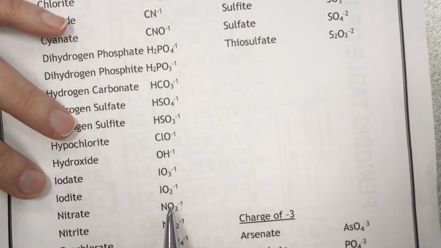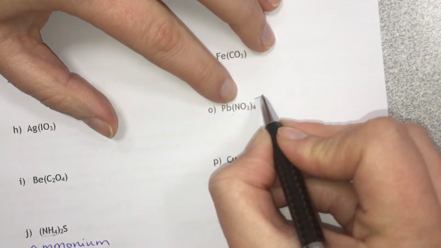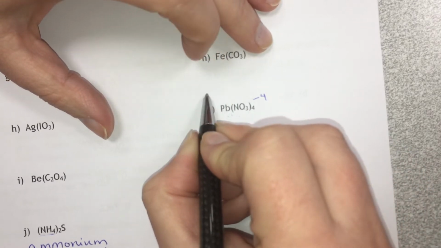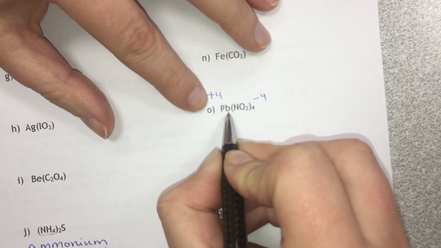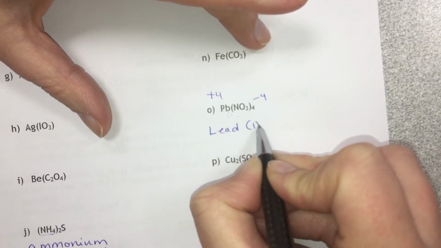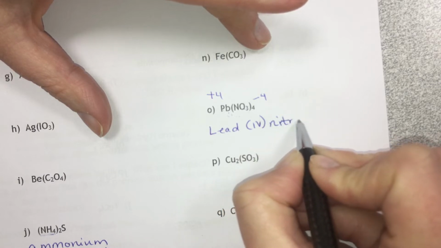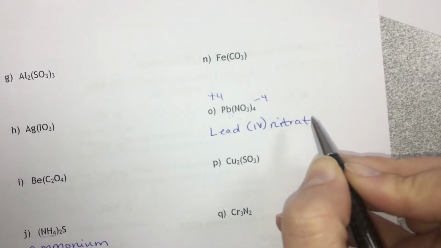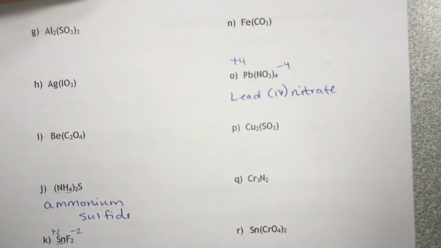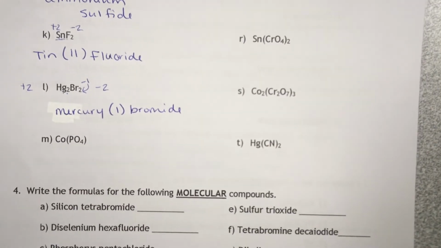Do y'all see that? NO3 is a -1 charge. So you have 4 NO3s, so that'll be a -4 charge total. And then that means this side will have to be a +4, and there's only 1 lead, so it'll be lead 4 nitrate, wouldn't it? Yeah, nitrate. So that would be how you would name it. All right, we're going to move on from this. There's a lot of examples of that.